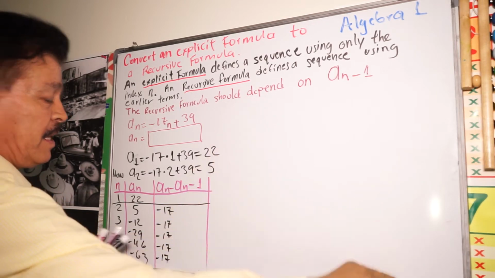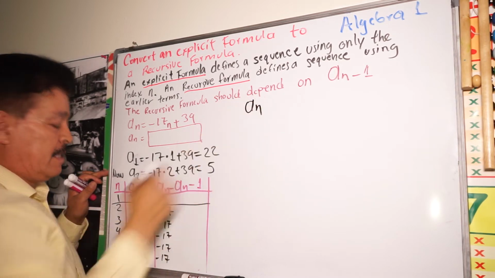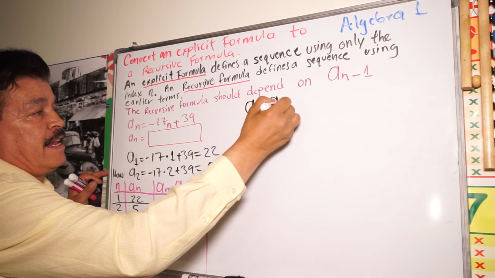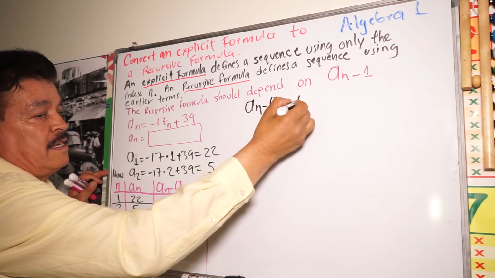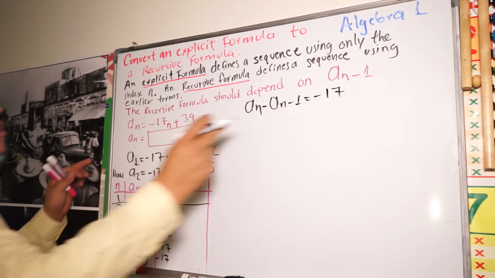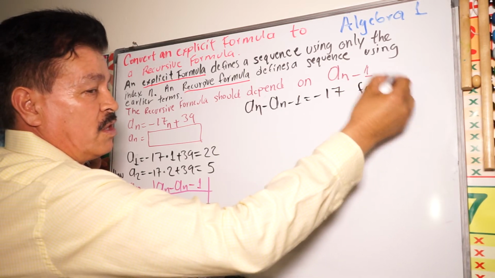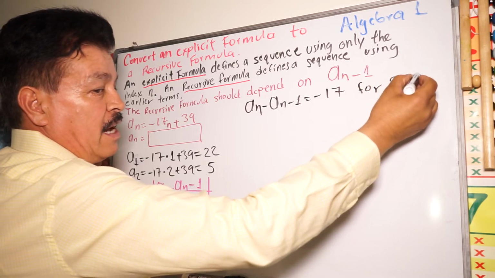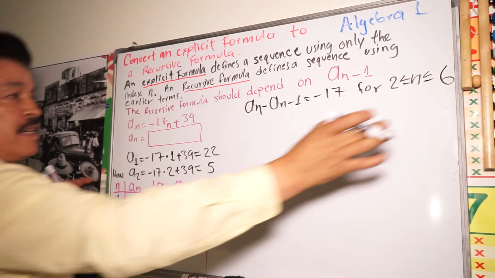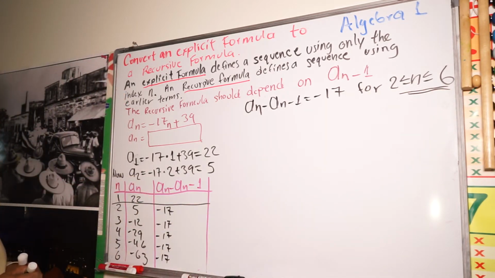In the table, a_n minus a_(n-1) equals negative 17. This number is very important. In the table you see this.